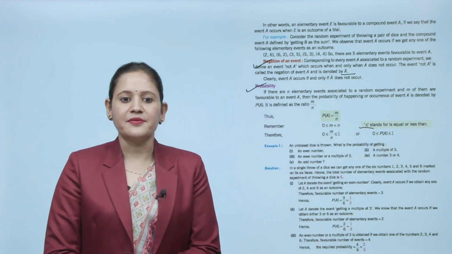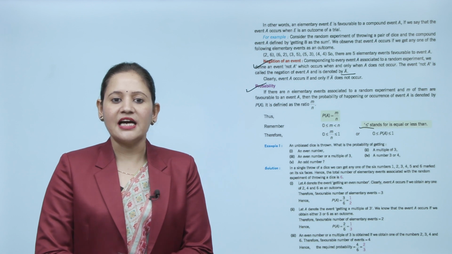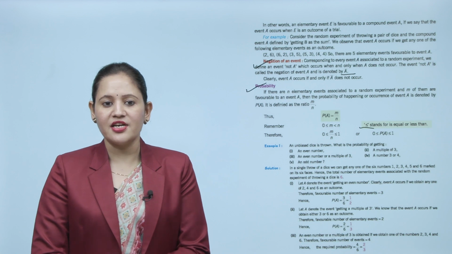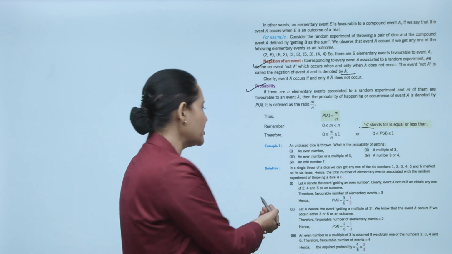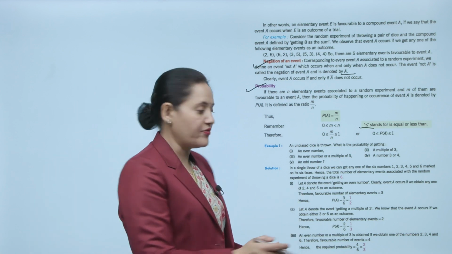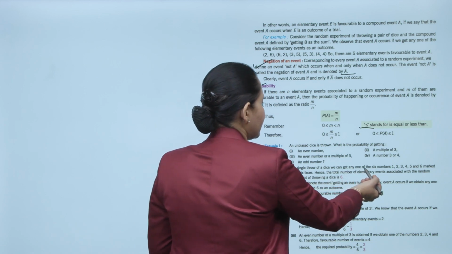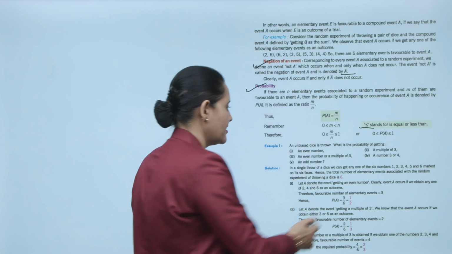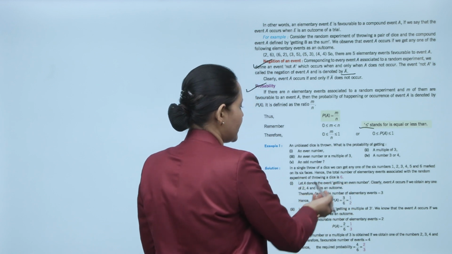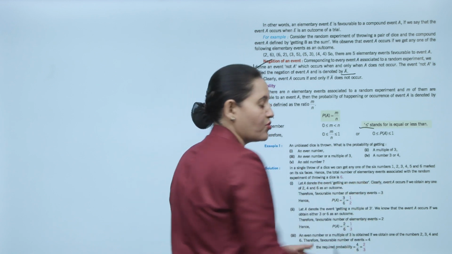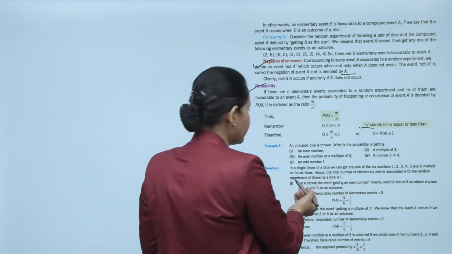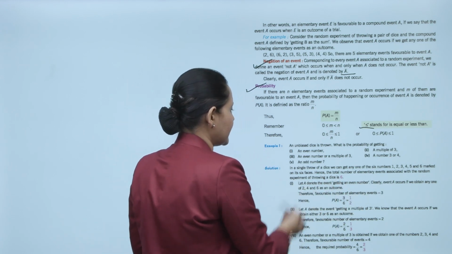Let's take an example. An unbiased dice is thrown. What is the probability of getting an even number? Solution: in a single throw of dice, we can get any one of the 6 numbers 1, 2, 3, 4, 5, 6 on 6 faces. Hence, the total number of elementary events is 6.